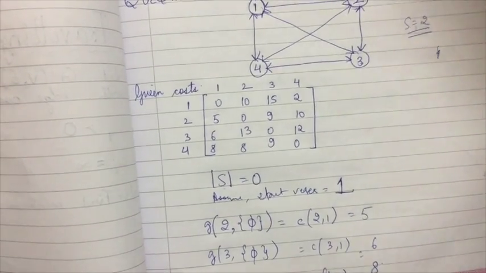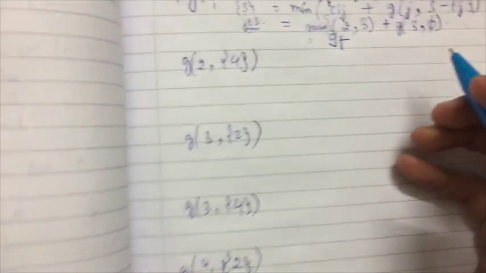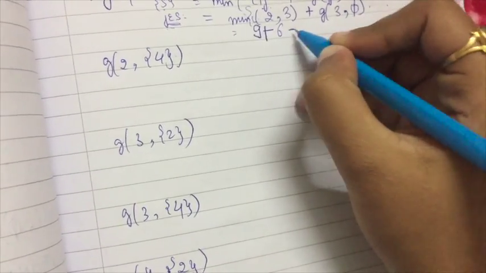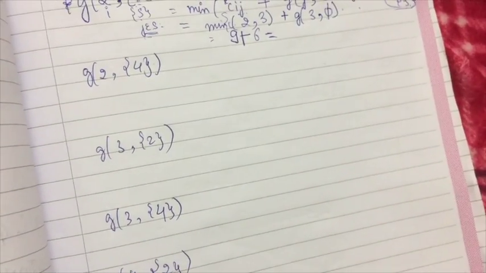So I write down 6 over here, and it comes out to be 15.